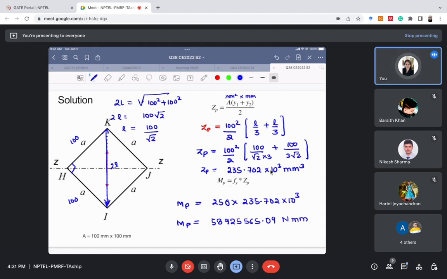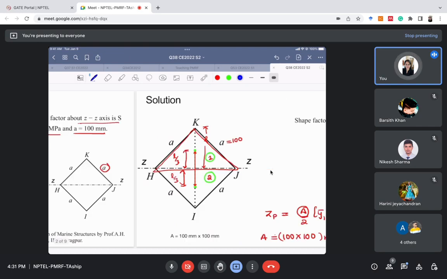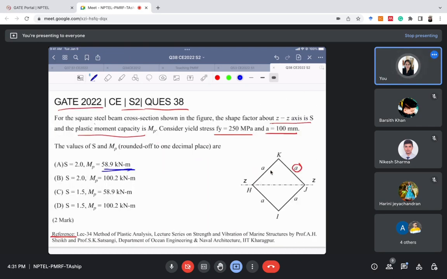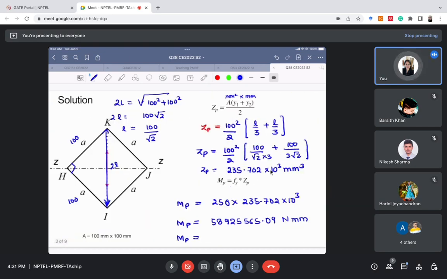We have to give the answer in kilonewton meter, so we'll divide it by 10 to the power 6. So the answer will be 58.925 kilonewton meter.